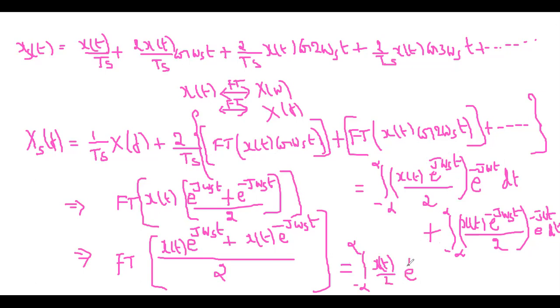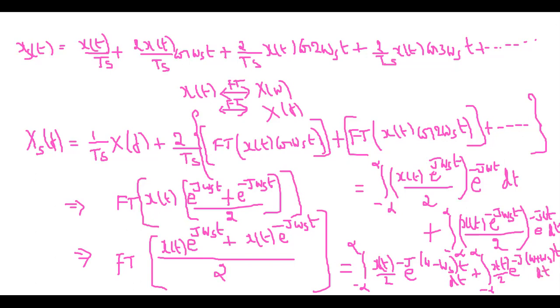Take the common minus j, omega minus omega s into t dt, plus the other integral also. We get the same thing, x of t by 2 e power minus j omega plus omega s into t dt, because both are minus.